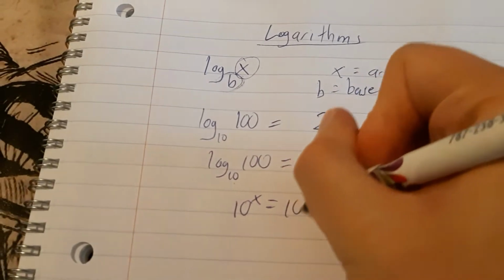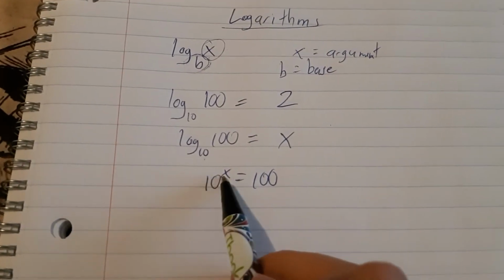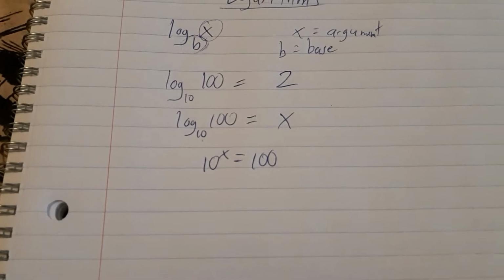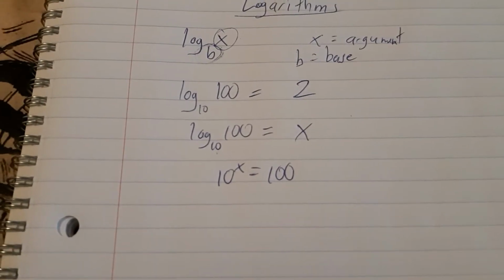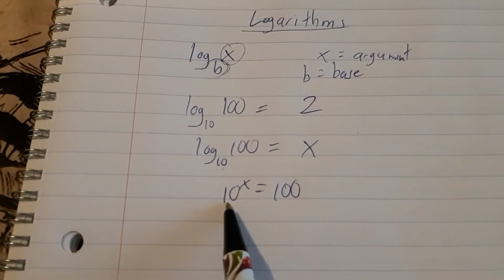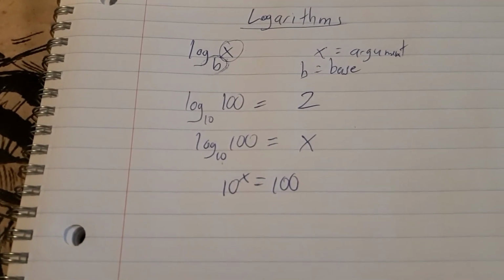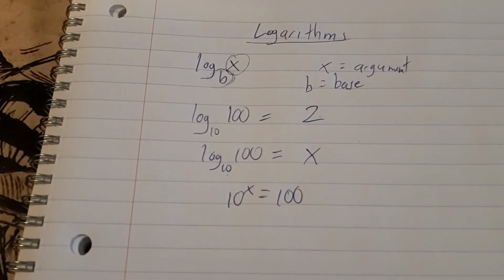This is what we had previously, when we were talking about inverse functions. So 10 to the power of x must be equal to 100. And again, you may be wondering, but how do you get 2 from that? Well, for now, a little bit of analysis. 10 to the power of what number is 100? Well, that's 2. So x is equal to 2.